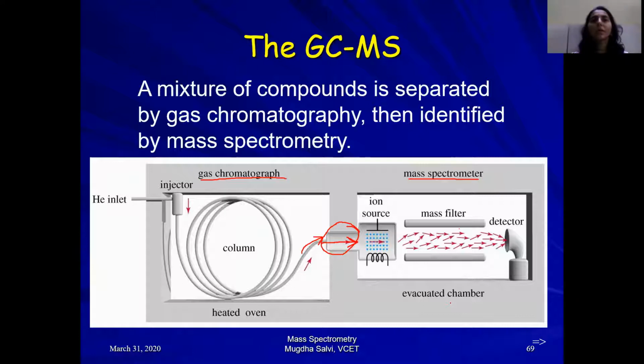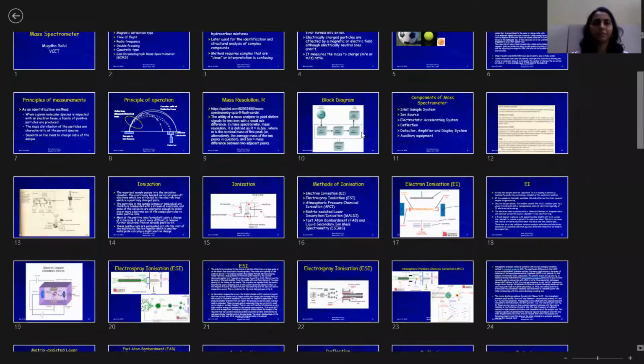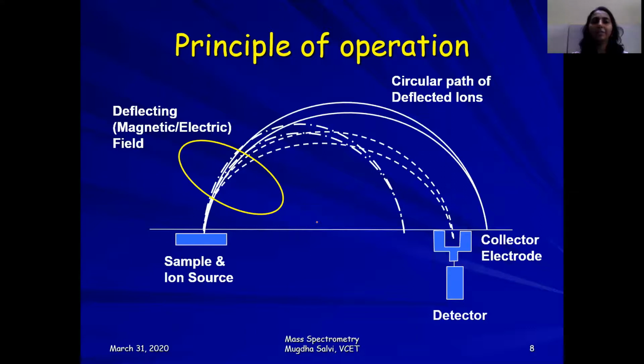Out of these, a question that could be asked in the exams is the basic principle of a mass spectrometer, in which you are expected to draw the very first diagram that we discussed. This could be asked for 5 marks.